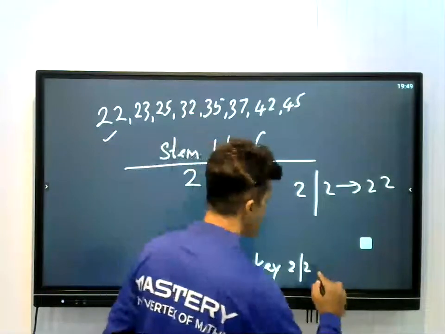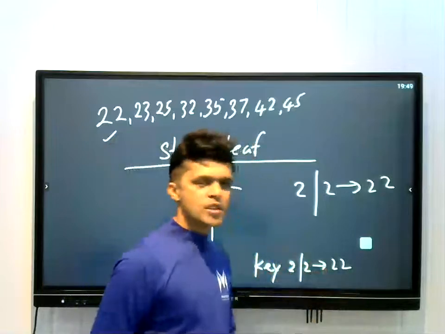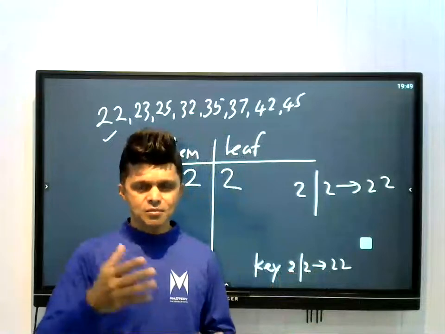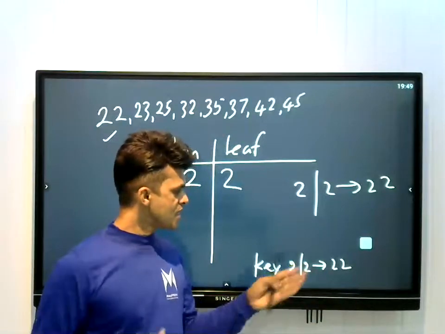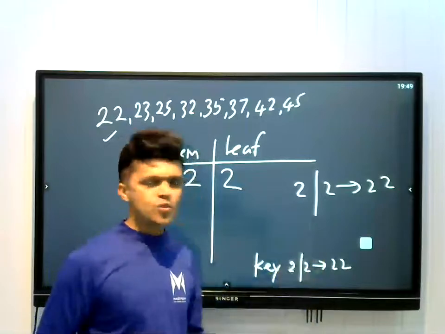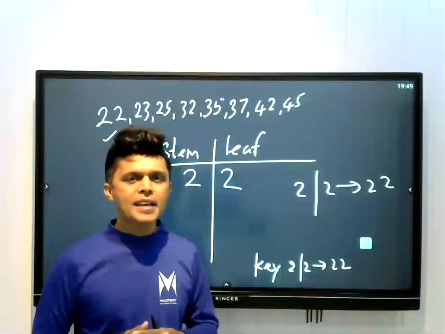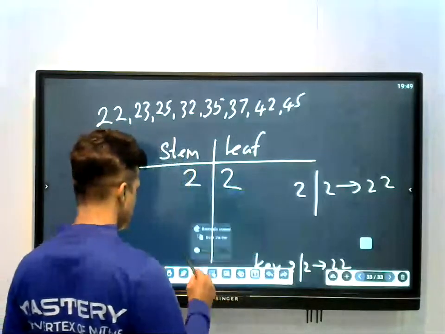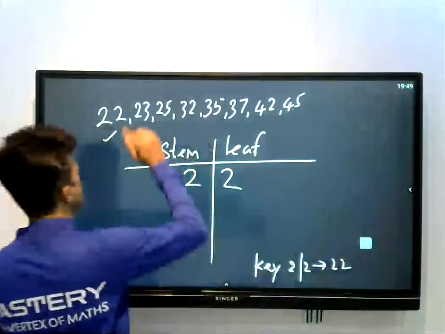Key means 2|2 means 22. Generally, we enter this key right down below, with its meaning. Or you could select a certain number as you wish. Then after that, I entered 22.